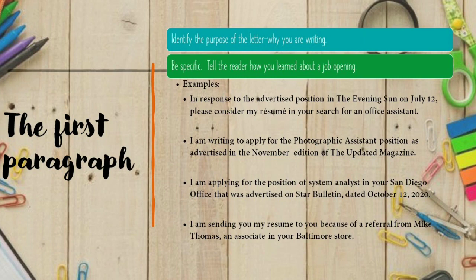Other examples of the first paragraph are, I'm writing to apply for the photographic assistant position as advertised in the November edition of the updated magazine. Next example, I'm applying for the position of system analyst in your San Diego office that was advertised on Star Bulletin dated October the 12th, 2020.